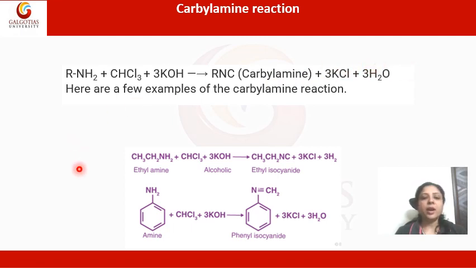Here are a few other examples with primary amines. In the second example, we can see this test with ethylamine, where due to the presence of a primary amine, ethyl isocyanide is formed and we get a foul smell. For aniline also, we get phenyl isocyanide.